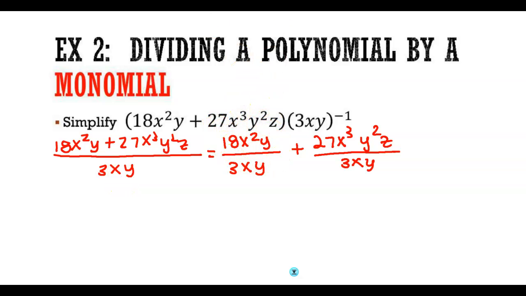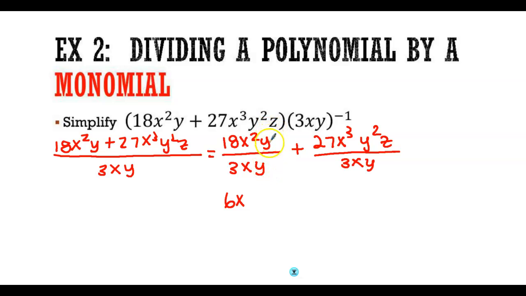So let's see how I can do this. I'm going to reduce this first fraction here. I'm looking at just 18 over 3 right now. 18 over 3 would give me 6. And again, subtract the exponents. So 2 minus 1 is just 1x. And then I have a power of 1 and a power of 1.